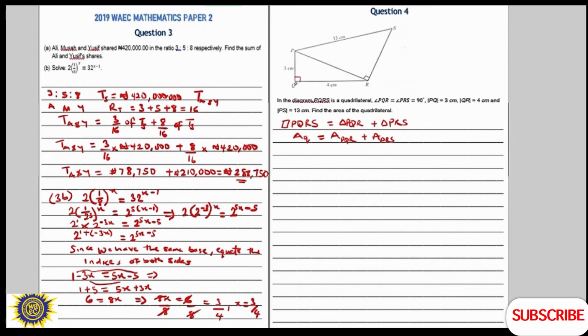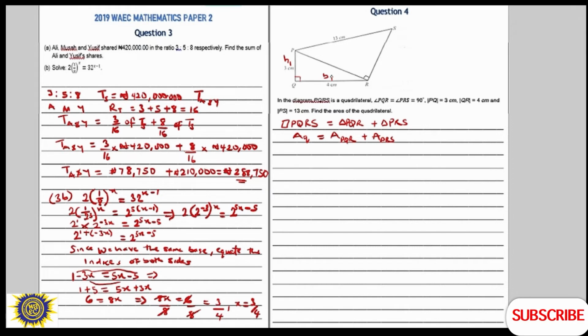The first triangle is PQR. You have been given the height here, which I will call H1, and the base B1. The right angle triangle has the height and the base.